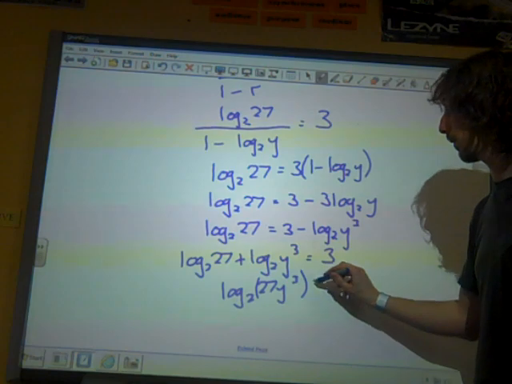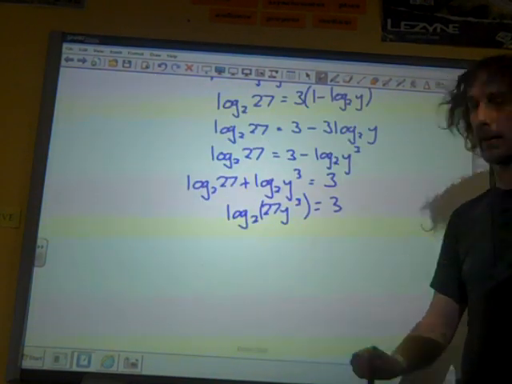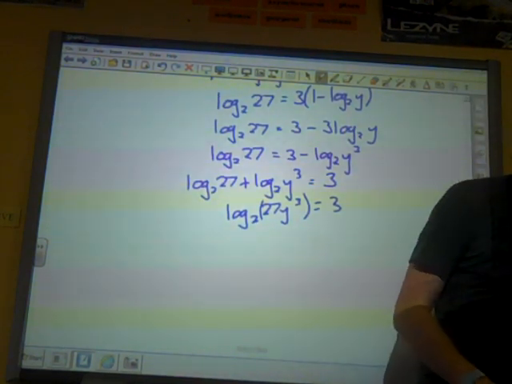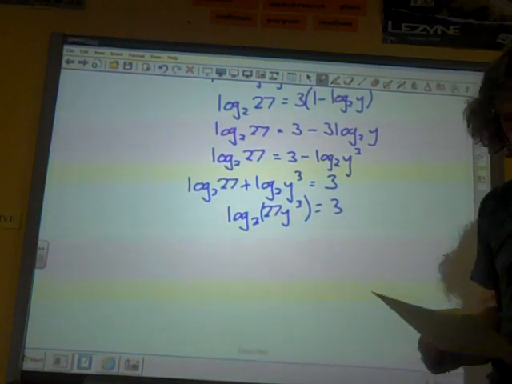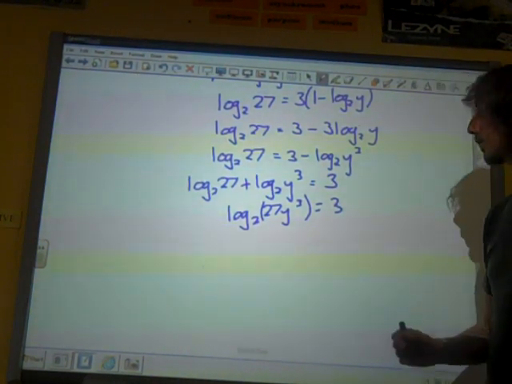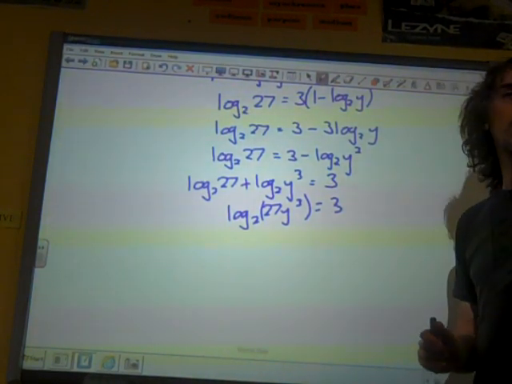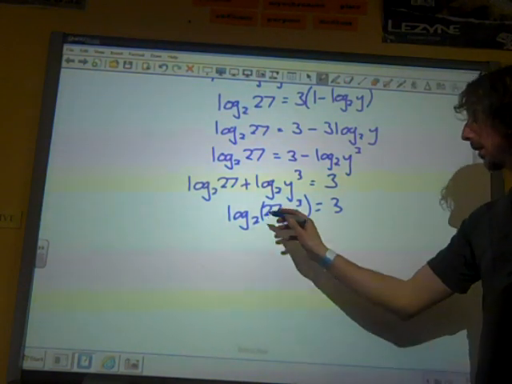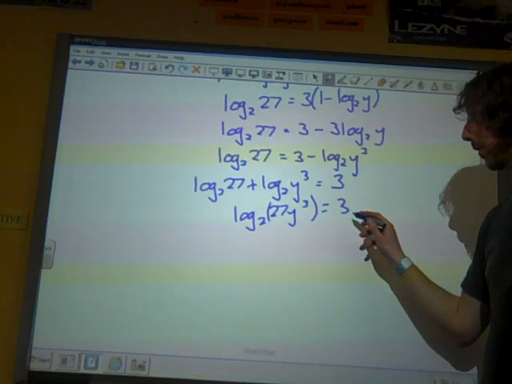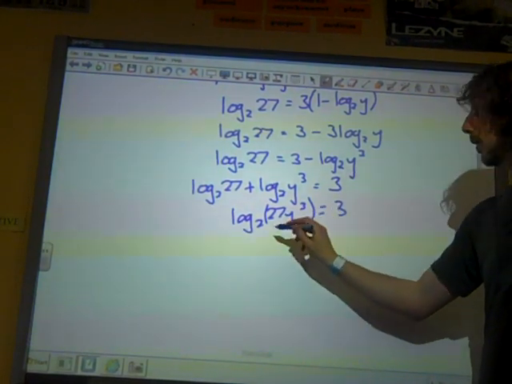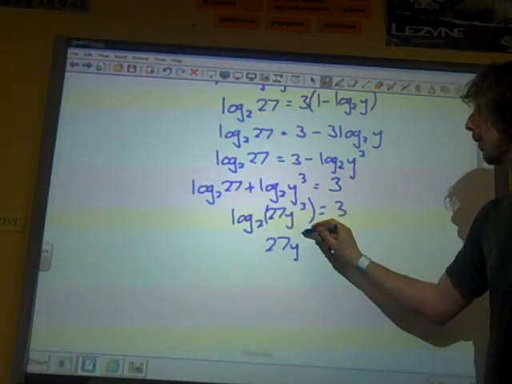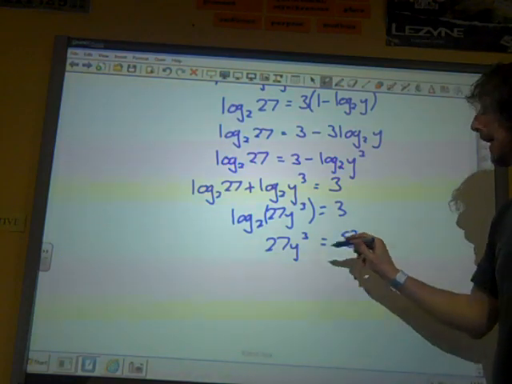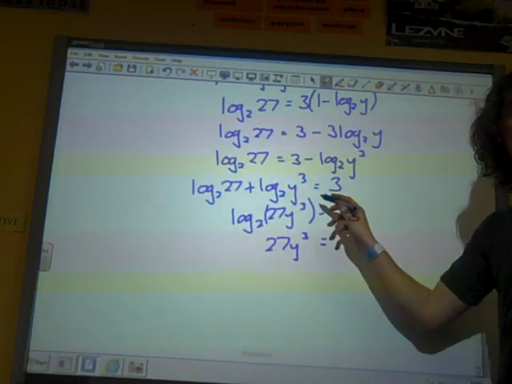And that is equal to 3. And we're nearly there. This would be 2 cubed is 27y cubed. So 27y cubed is 8. Are we happy with that? 2 cubed would give us 8.